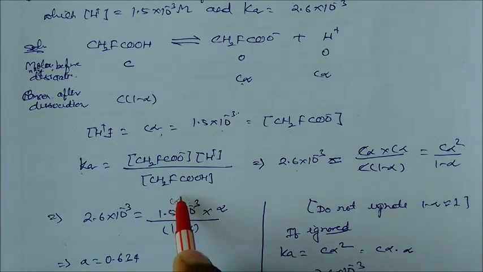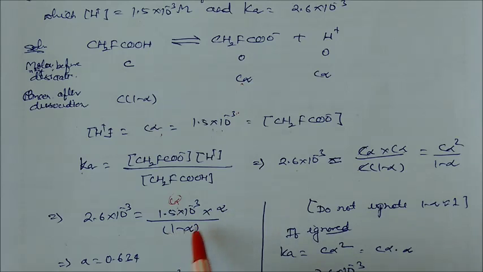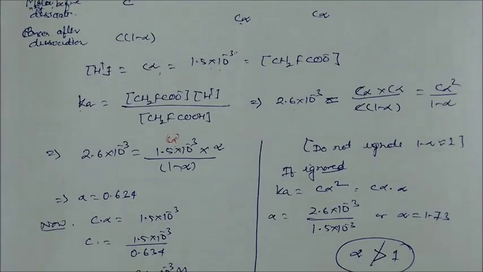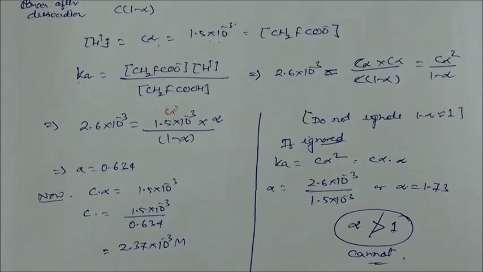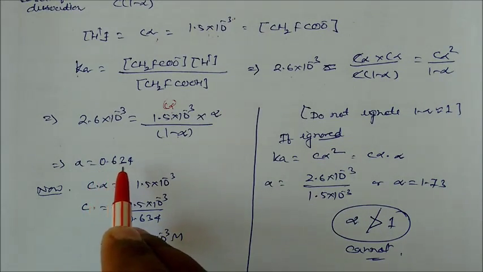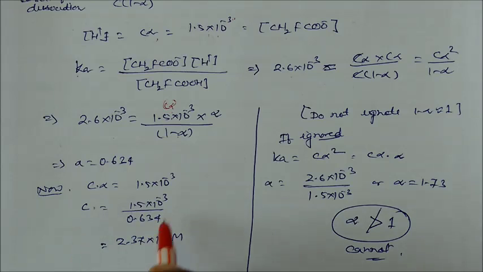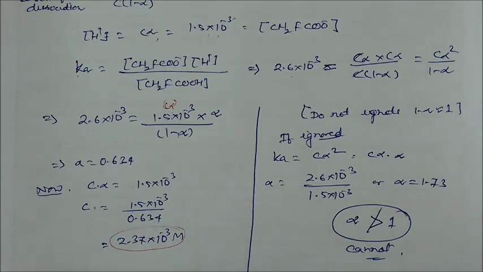This is nothing but C alpha into alpha over 1 minus alpha. We know the value of C alpha, so put this value, and we can find alpha very well. If you calculate this value, alpha is equal to 0.634, and the concentration will be obtained by dividing C alpha by alpha, so we will get the concentration.